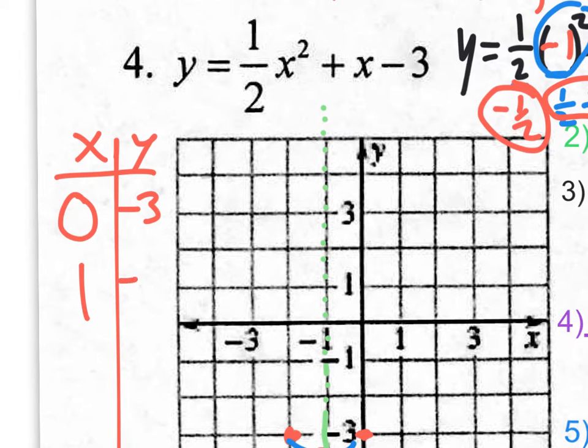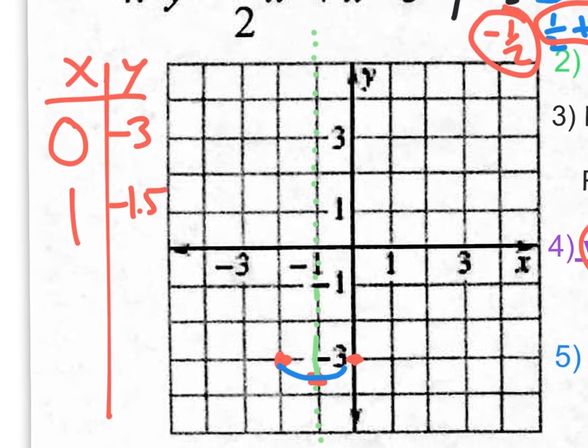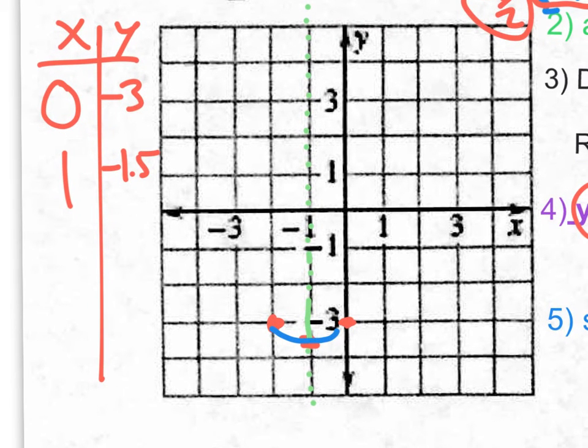That's -1.5. Now, let's say you didn't want to deal with fractions, then you probably want to pick a different number other than 1 that'll make this fraction 1/2 cancel out, right? But let's go with this decimal. So we have 1 on the x, -1.5 on the y. 1 on the x, -1, and then half, right? Let's put a dot right there.